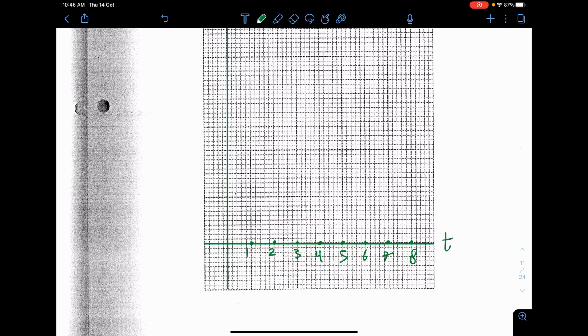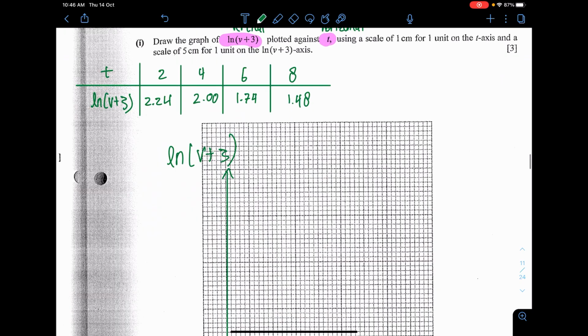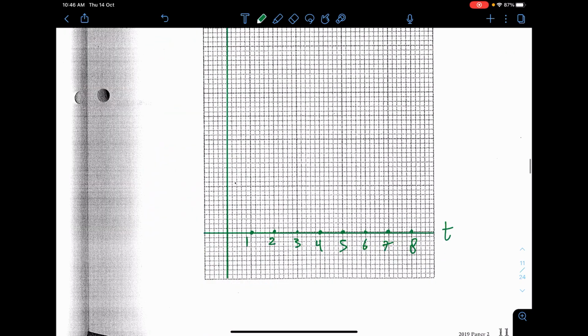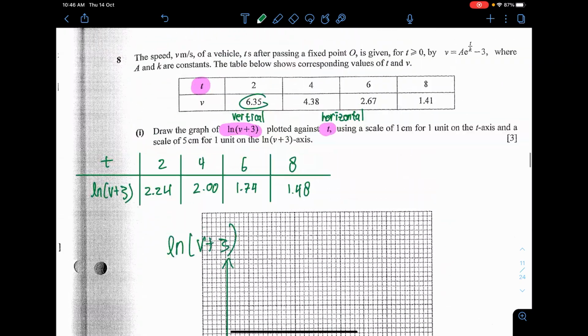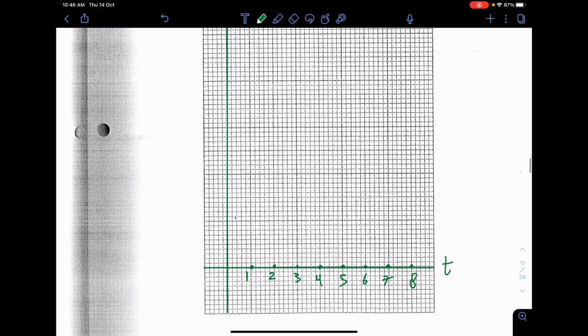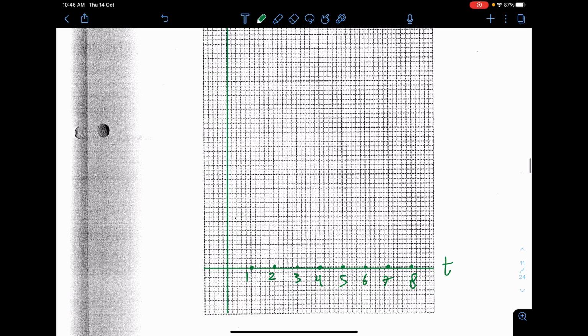For the vertical, we need it all the way from the smallest, 1.48, until the greatest, 2.24. They say 5 cm for 1 unit, but I don't know how many cm this is. I think this is 1 cm here. 5 cm for 1 unit, isn't that so large?